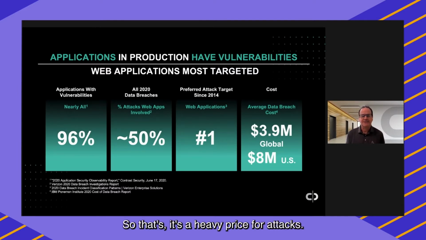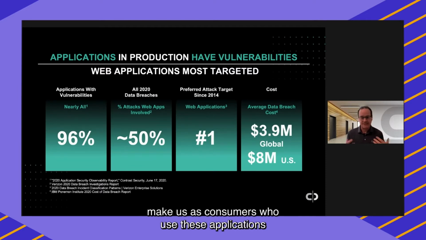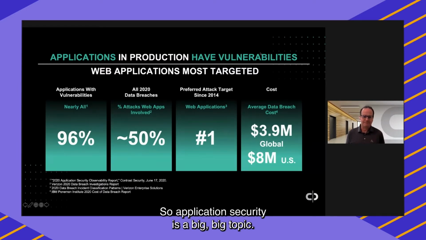So it's a heavy price for attacks. If we can avoid them, that would obviously be a good thing. It would save us some money and our reputations, and also make us as consumers who use these applications feel more comfortable. So application security is a big topic.